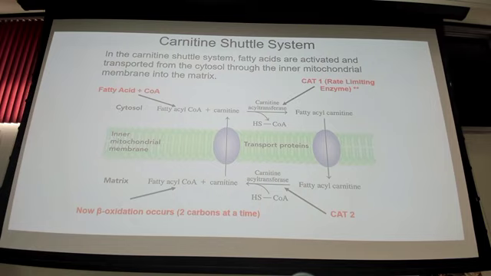So the carnitine shuttle system will take that fatty acid that has already been activated by the CoA, remember that activation step.